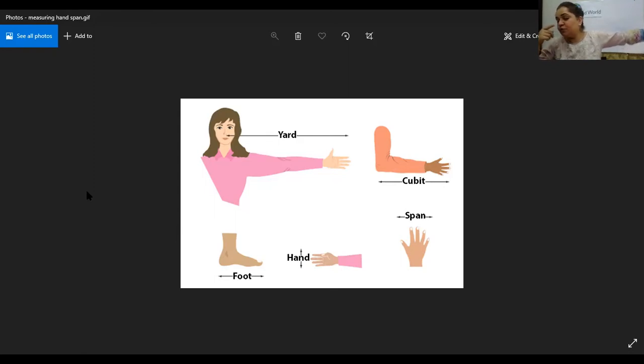So these are all the non-traditional ways of measuring: the cubit, the yard, the span, hand, and foot. This was when the measurement tools we use these days had not been invented. So people used to measure things like that, okay?